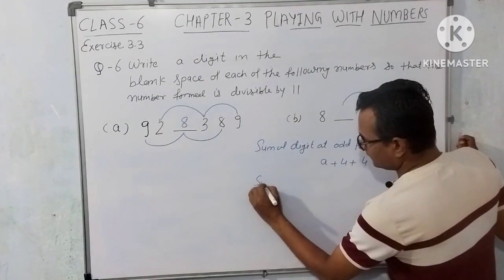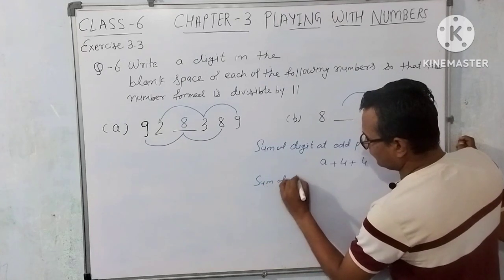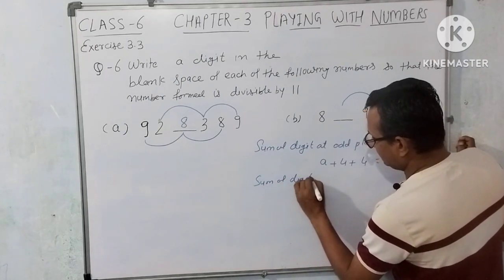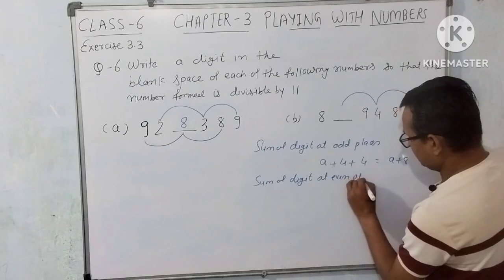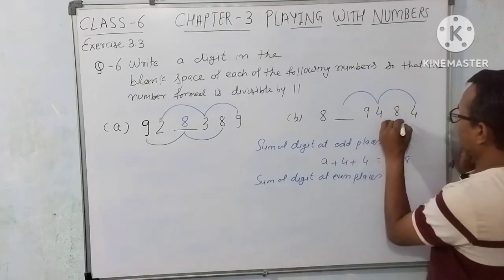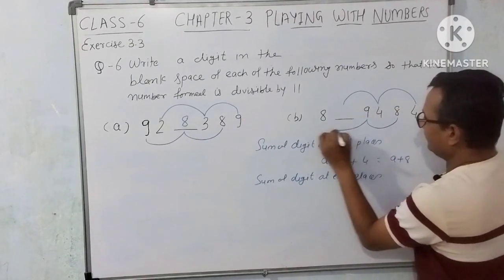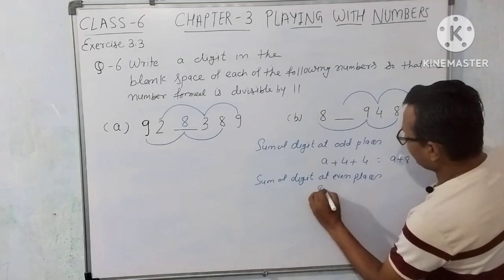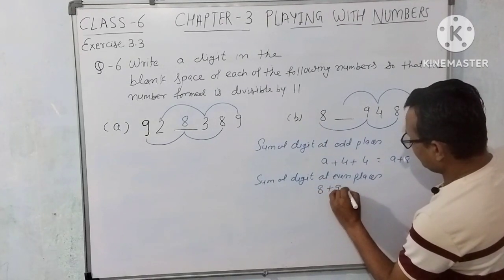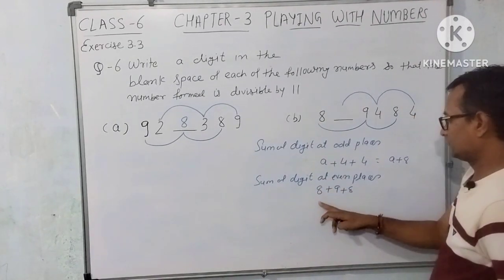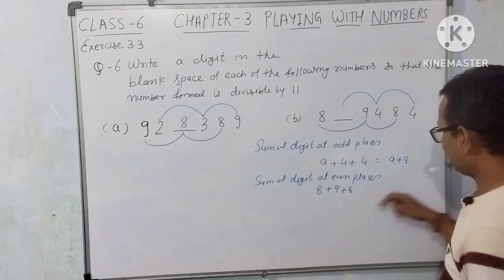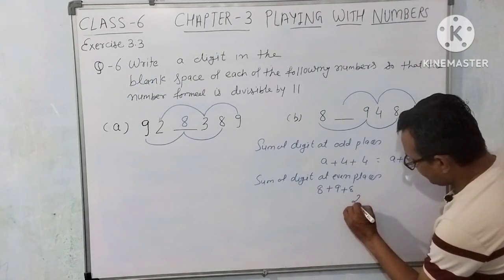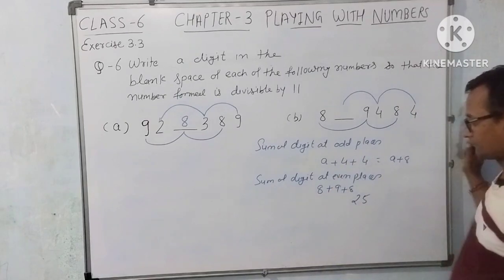Again, the sum of digits at even places, this one and this one. So we can say 8 plus 9 plus 8. So 8 plus 9 is 17, and 8 more is 25.